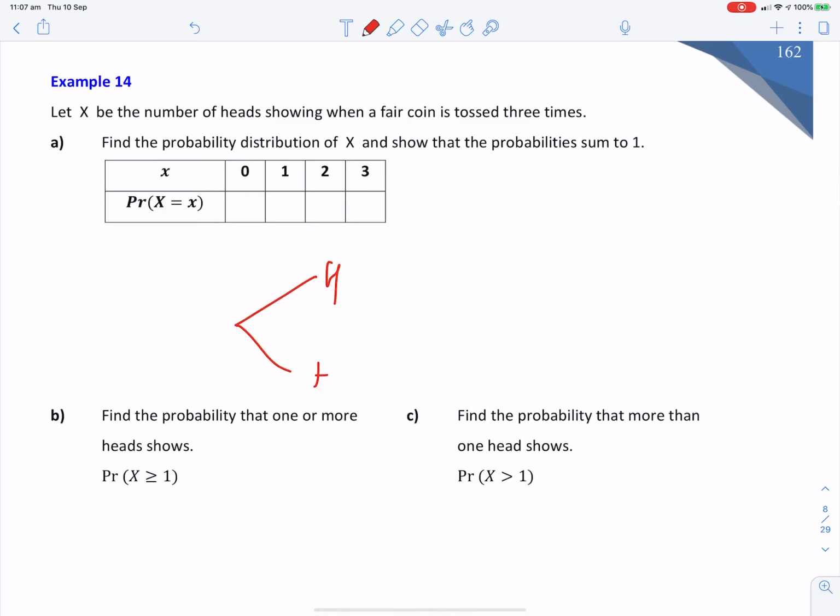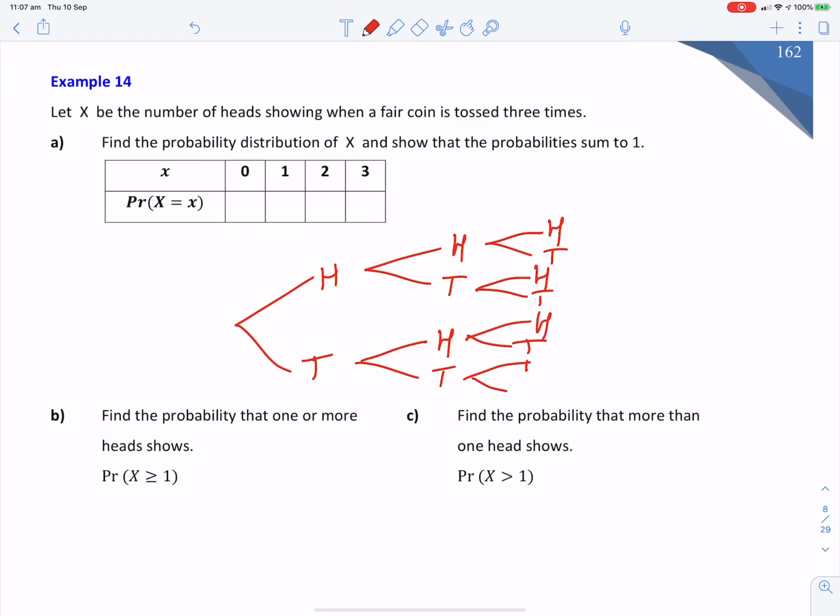We list the outcomes: head, tail, and so on, for all 8 combinations. 3 heads is 1 out of 8.